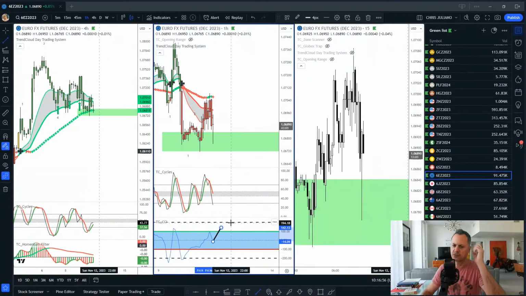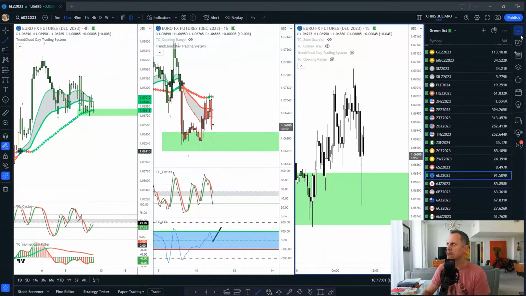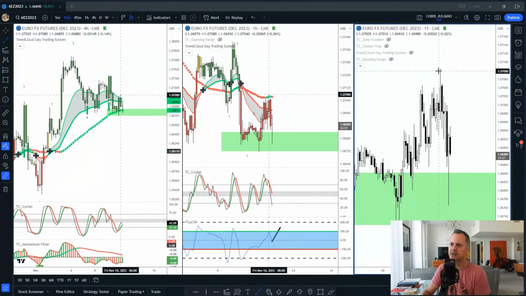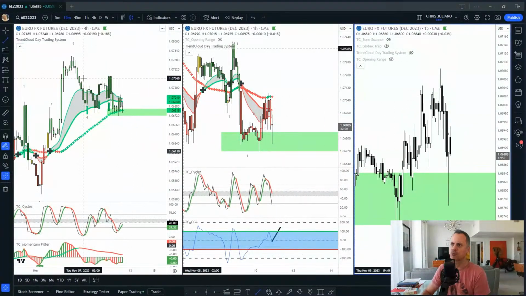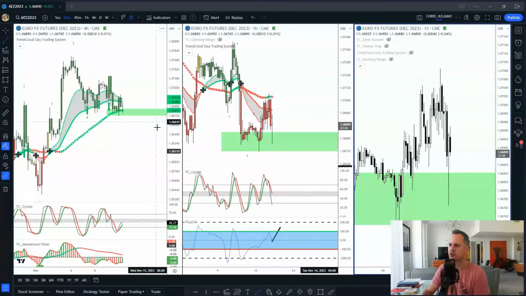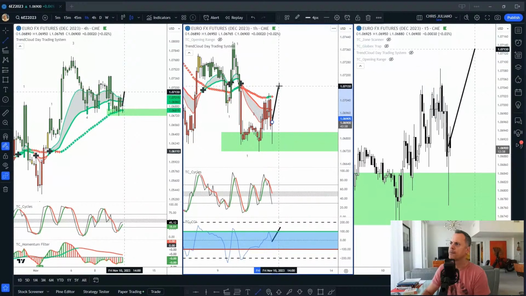What piece of the puzzle is missing for us to go long here? That's what you've got to say to yourself. What piece of the puzzle is missing on the euro so that we can go long and rejoin this high time frame uptrend? Well, we need to break above that positive 100, right? So this candle needs to do a little something more.